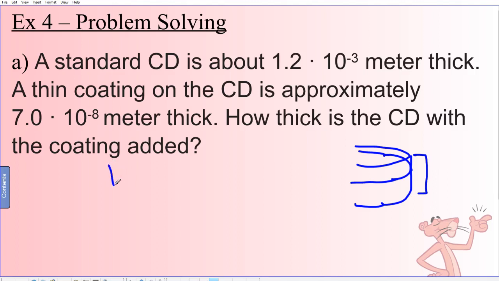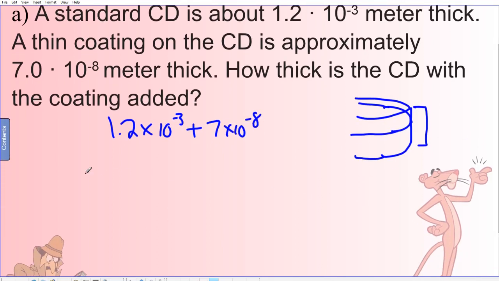So we are going to take 1.2 times 10 to the negative third plus 7 times 10 to the negative eighth. I'm going to change them into standard form. I'm not going to even attempt to put them both into the same power of 10. So this one, I'm going to move the decimal 3 places this way since the exponent is negative.